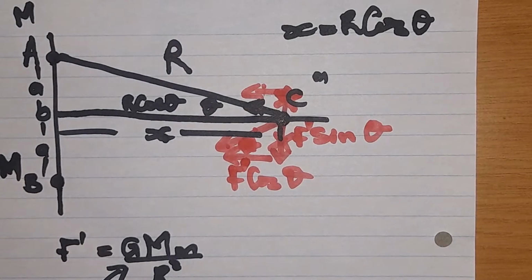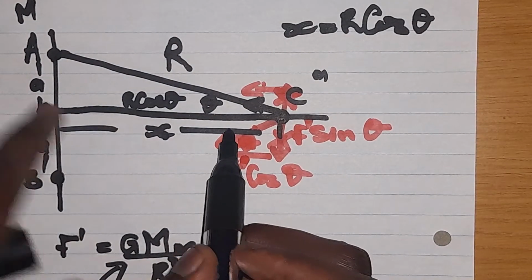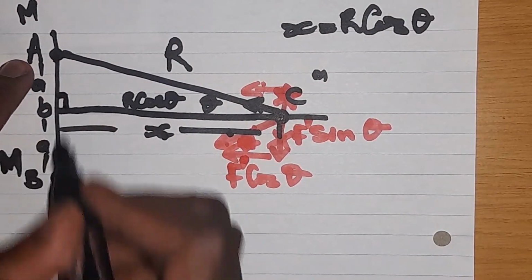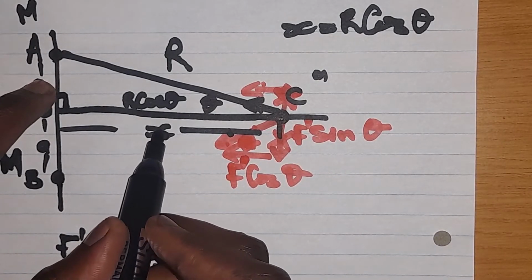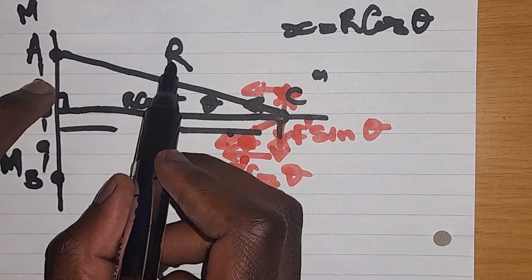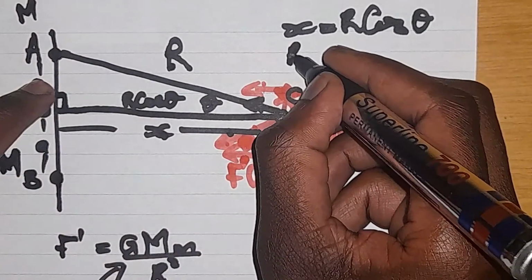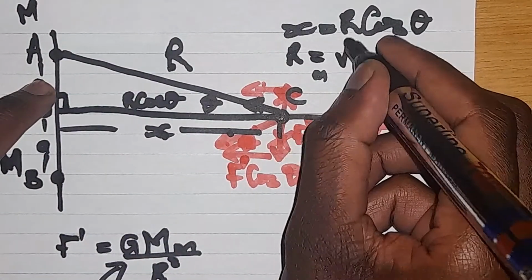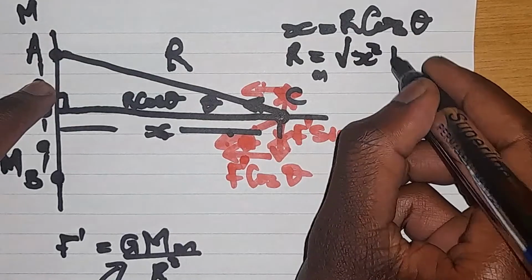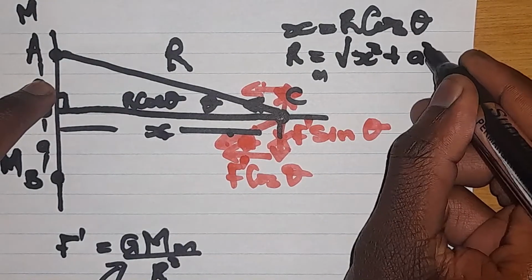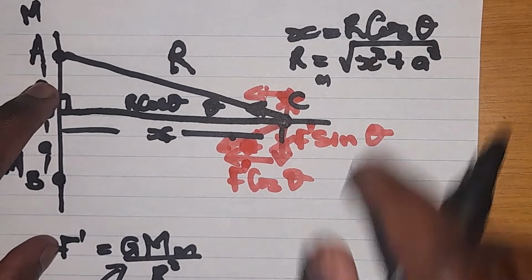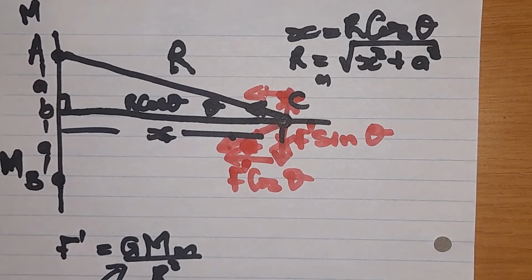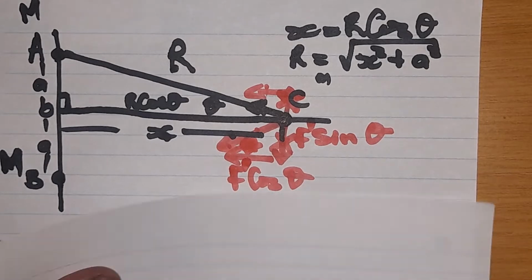Using Pythagoras' theorem, you have your x here, this is a right angle here, and this is your opposite side, this is your adjacent side, this is your hypotenuse, meaning your hypotenuse r is equal to the square root of x squared plus a squared. Are we together there? Then if we substitute those two quantities into our formula, we get this.